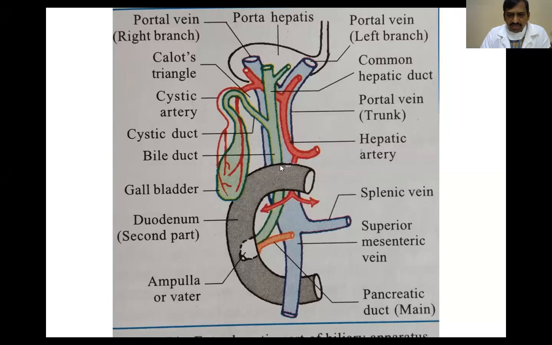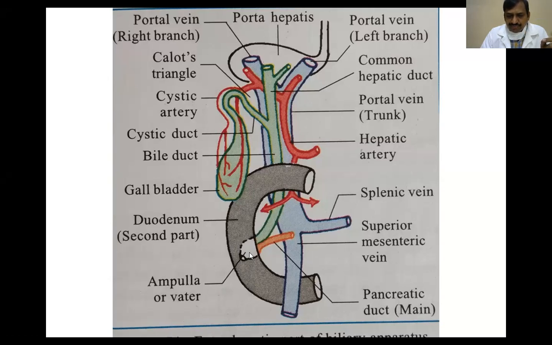Just behind the first part of the duodenum, there is some part of the bile duct that is called the retroduodenal part. Below the first part of the duodenum there is the infraduodenal part. And within the wall of the second part of the duodenum, there is the intramural or intraduodenal part.